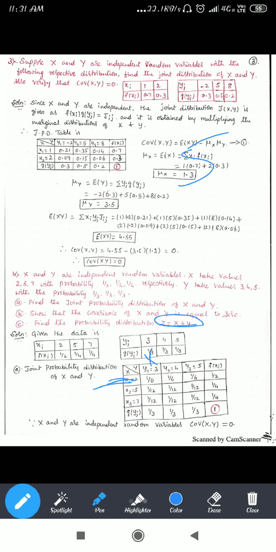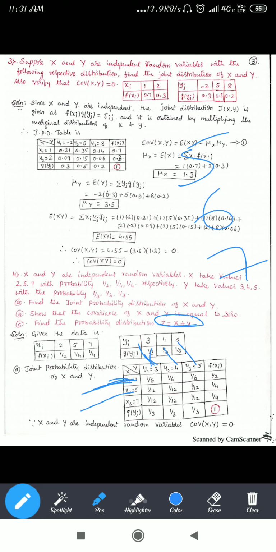Next, 2 plus 4 is 6. Next, 2 plus 5 means 7. That is over. Next, 5 plus 3, for each and every possible value we have to consider it.